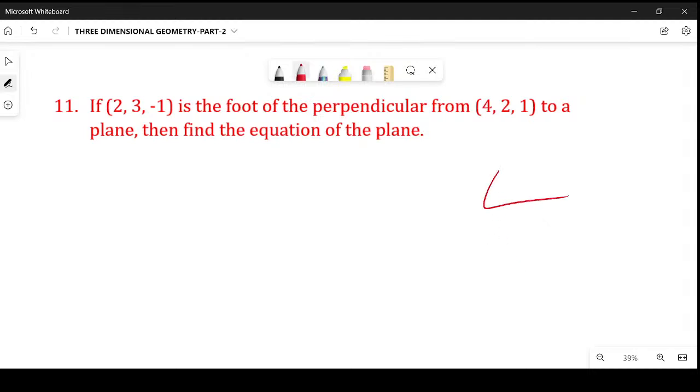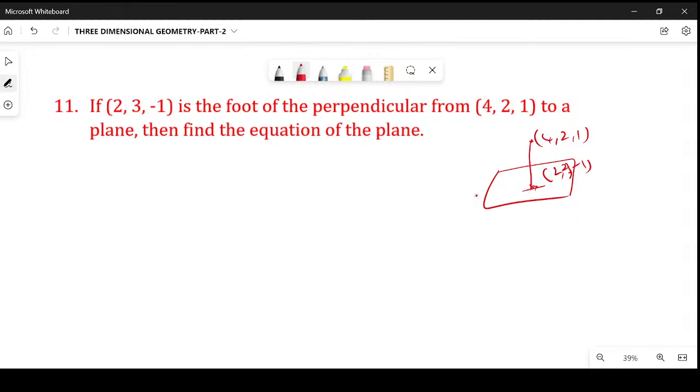You can think of it like this: the perpendicular, and the plane is like this. So (2, 3, minus 1) is the foot of the perpendicular from (4, 2, 1). This point is (2, 3, minus 1), and the plane passes through that point.